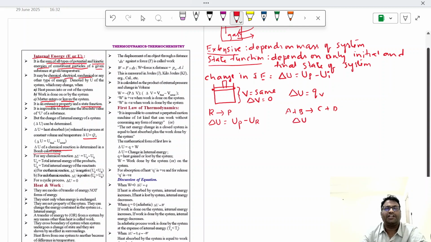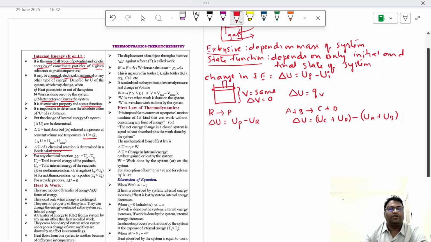The change in internal energy is given by the sum of the internal energies of C and D, the products, minus the sum of the internal energies of A and B, the reactants. In that way, the change in internal energy can be calculated for a chemical reaction.